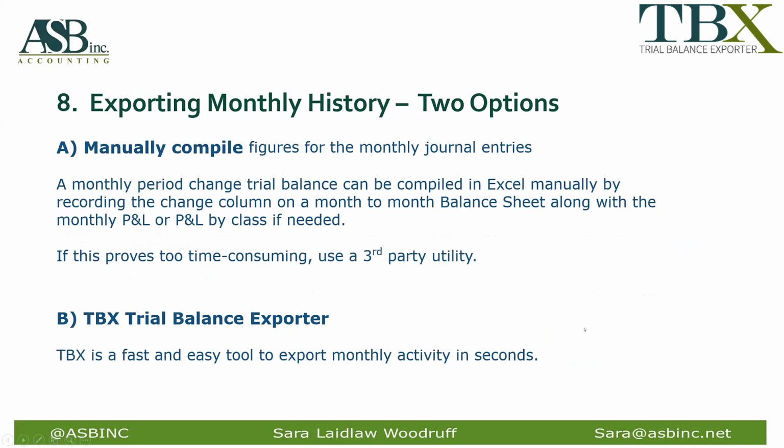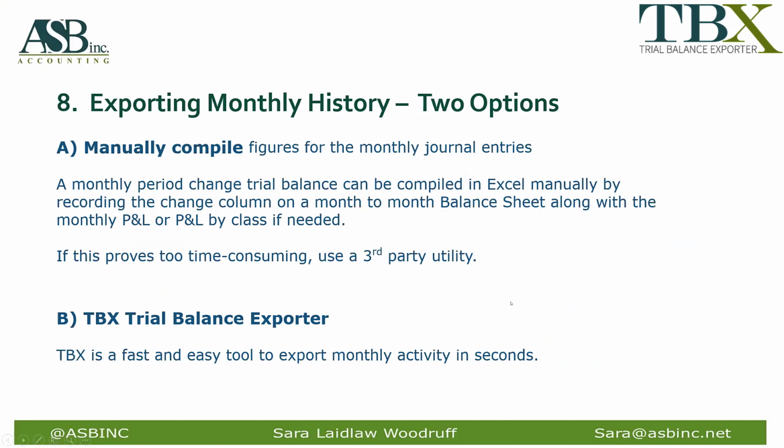Now you have 2 options. How are we going to get the history out of the old file and into the new file? You can manually compile it, which is what we used to do, where you take the net change on the balance sheet, and you take the P&L, and you cobble it all together and do it all by hand in massive Excel spreadsheets.